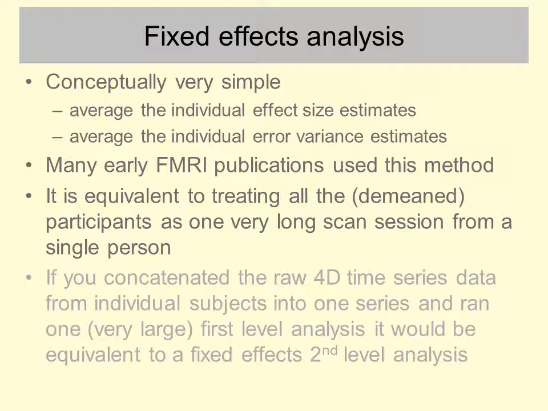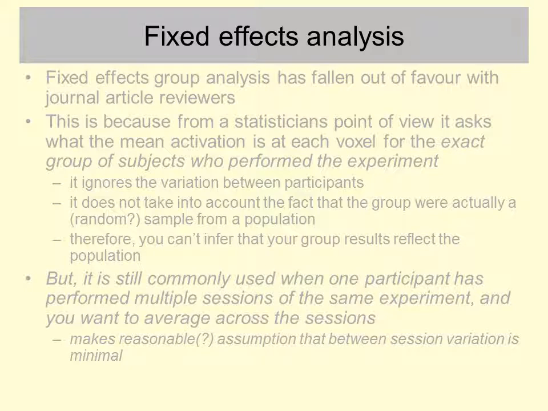So given that individual participant time series at the first level have been demeaned anyway, you could then actually concatenate them, put them all together into one really long time series, and set up one first level design matrix, albeit a very big one, that modelled that variation in your sort of arbitrarily created very long time series. And that would actually be formally equivalent to a fixed effects analysis performed at the second level.